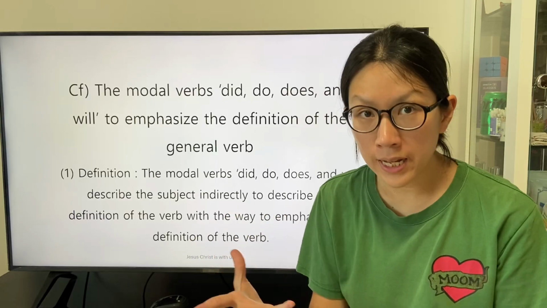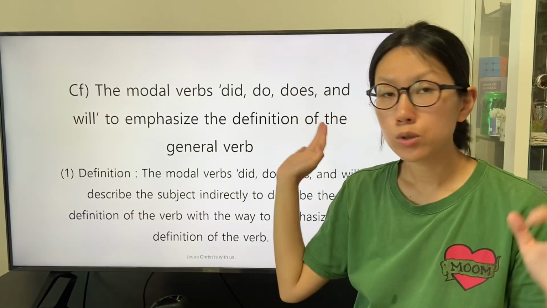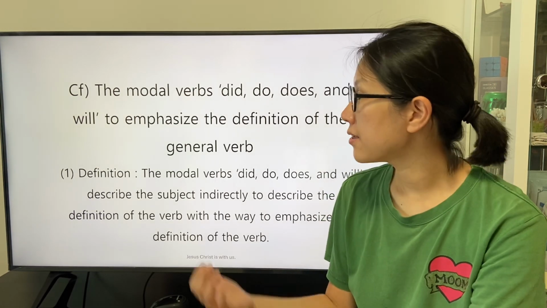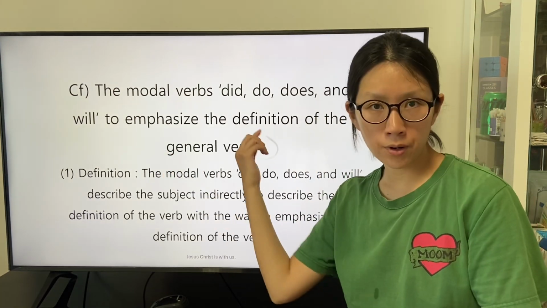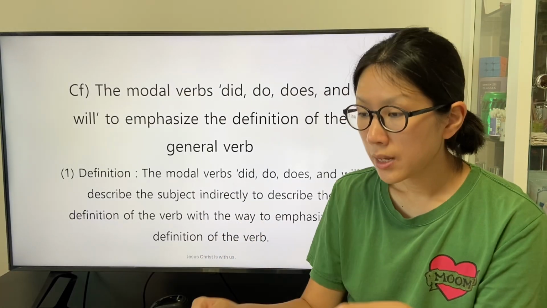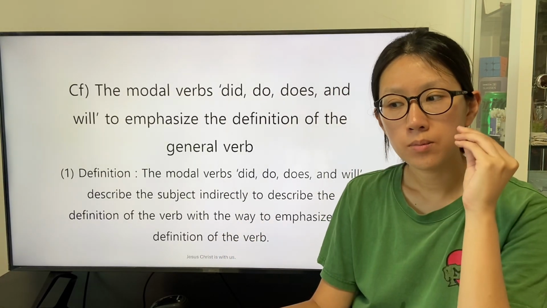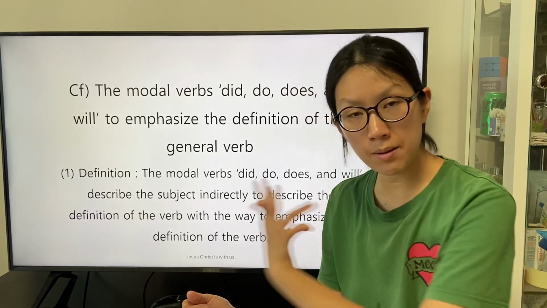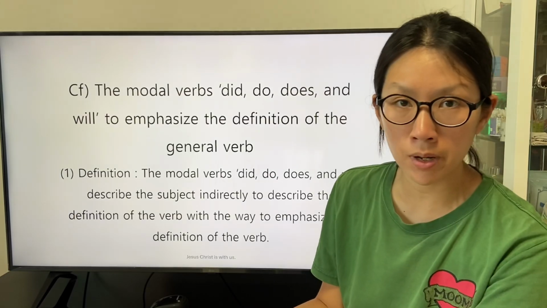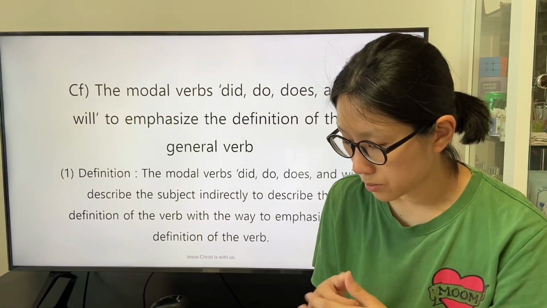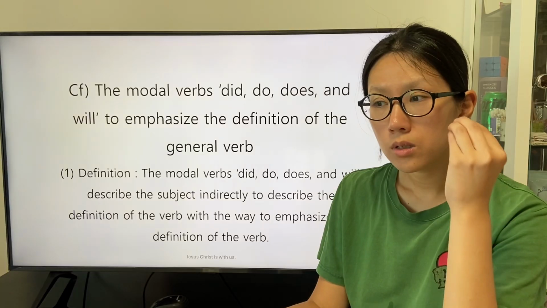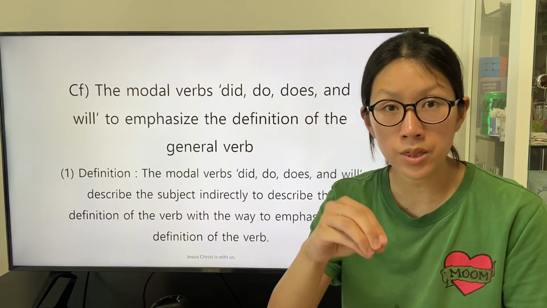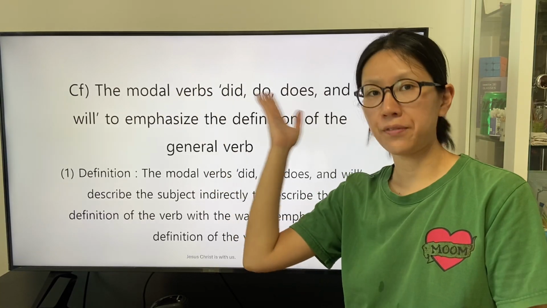The speaker applies the modal verb did, do, does, or will to state a clause that a general verb is applied as a verb, and the speaker states a negative statement or an interrogative statement in a clause that the general verb is applied with a modal verb.